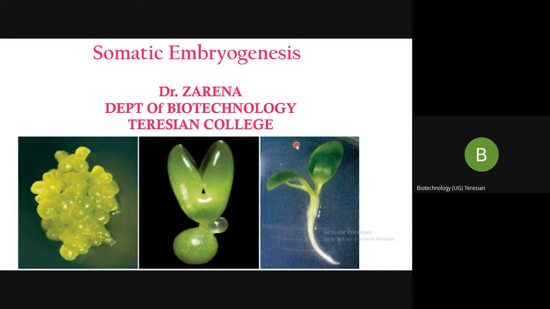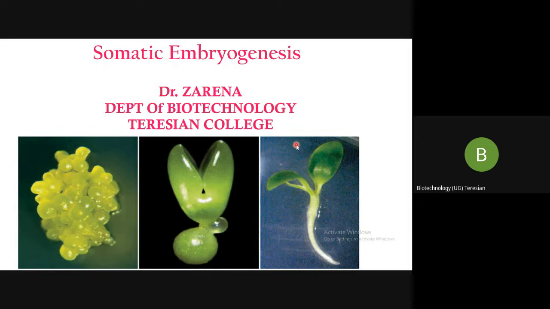This is all possible because of totipotency. And you agree with me, right? Okay. So now we shall see the definition: what somatic embryogenesis is, and how can we develop this embryo into a whole plant.